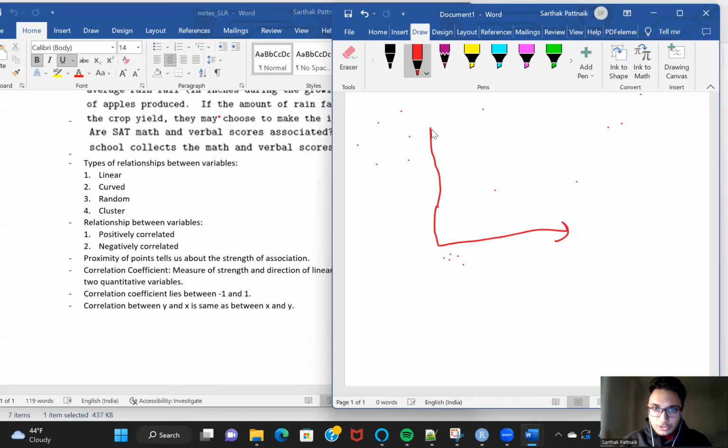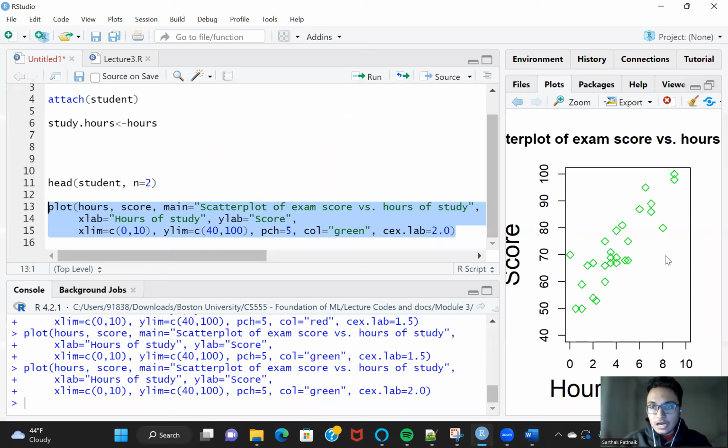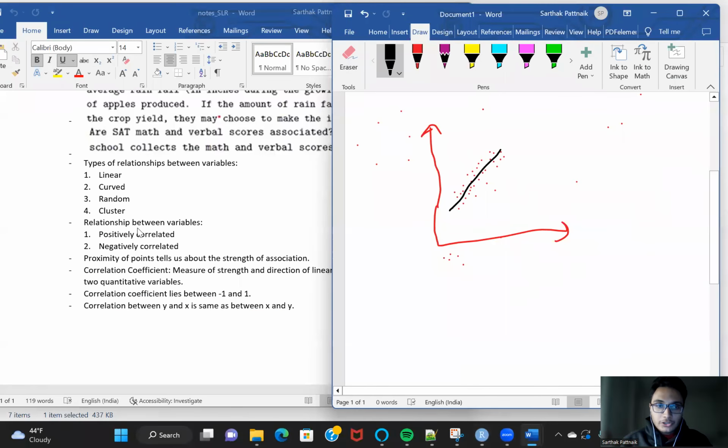For a linear relationship, which looks somewhat like this, as we saw in this particular relationship in R, your relationship between the variables can be of two types.